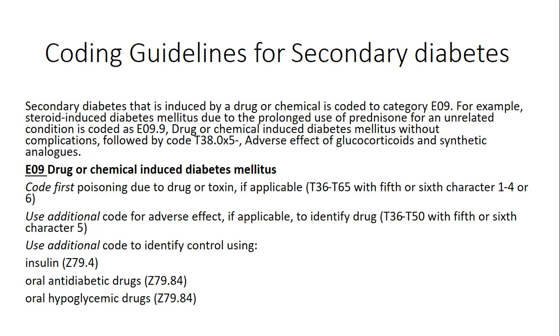So you have to code the poisoning first, or the adverse effect, that is from the T36 to T50 series, and then you have to give the additional code to identify the control, that is if any insulin, anti-diabetic drug or hypoglycemic drug has been given. So this will be the sequence.